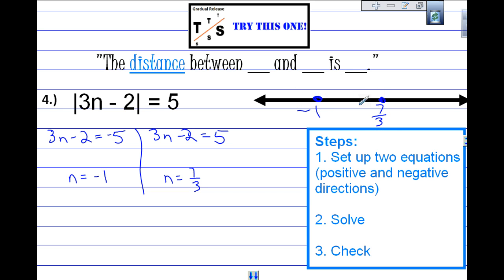Where's 0? I don't care. Just make sure both are solid dots and on the number line. No, we don't need the middle. We do not need the middle. Okay, so your solution set would look like this.